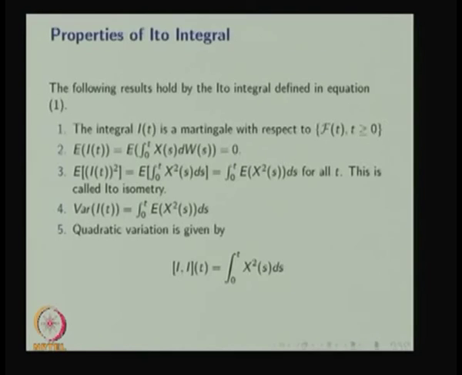I have not given the proof of the fifth property either. We are just stating the results of the Ito integral, and we have used a few properties in the examples.